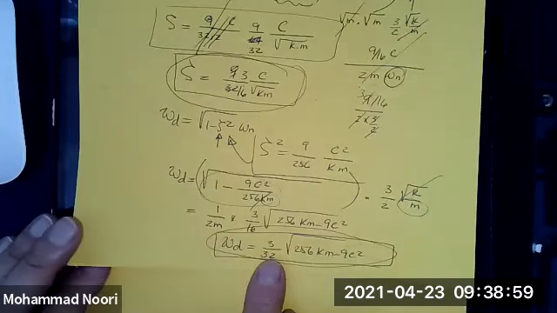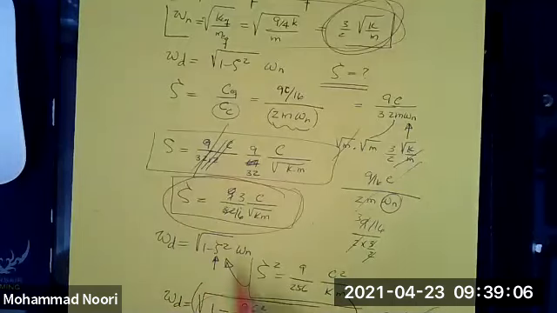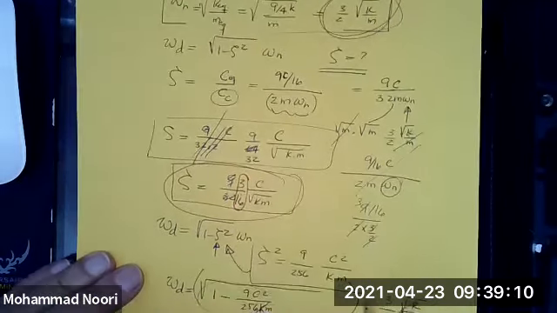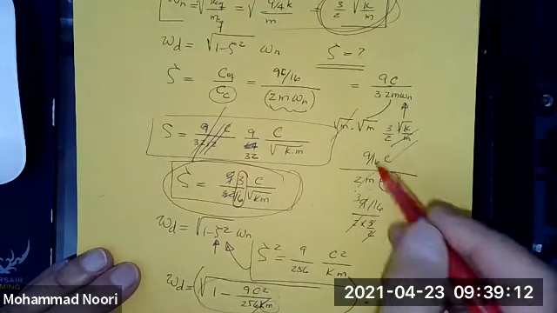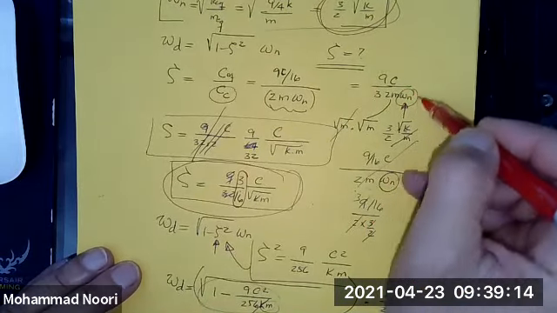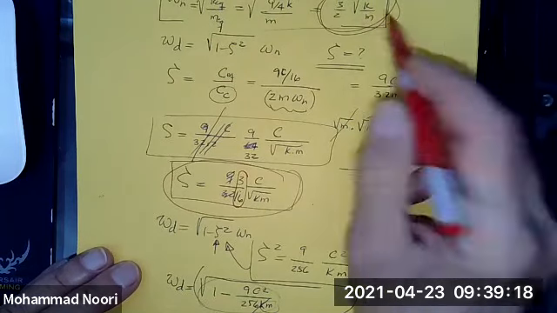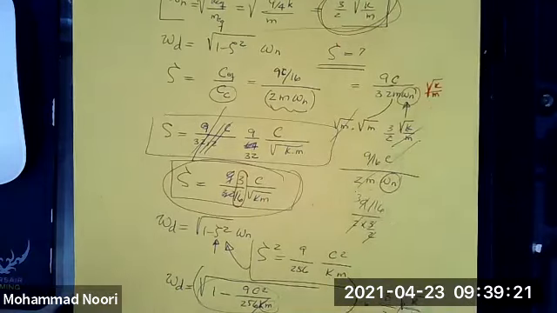What does that zeta say? 3 over 16? This one? No, the one above that you circled. This one, 3 over 16 times c over square root of km. See, I made a correction here because I had just said omega is k over m, but omega is 3/2 of k over m.